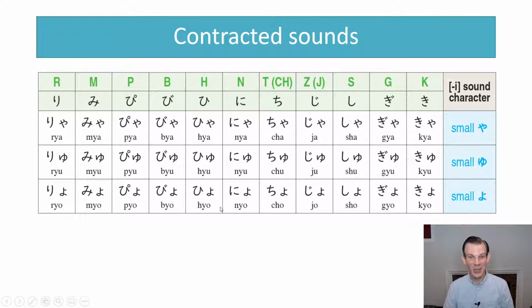Hya, hyu, hyo. Bya, byu, byo. Pya, pyu, pyo. Mya, myu, myo. And rya, ryu, ryo. This can be somewhat challenging to pronounce sometimes because it's that da-ri-ru-re-ro, that tap sound combined with a Y sound. So this might take some practice, but that's how these contracted characters work.